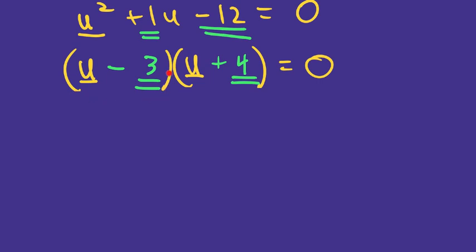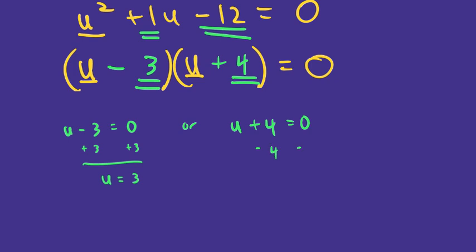You don't necessarily need to think about this too hard, but if you've got 2 parentheses that multiply to be 0, this times this equals 0, one of those parentheses has to be 0. So we would say that either u minus 3 equals 0 or u plus 4 equals 0, and then get u by itself. So add 3, u equals 3.